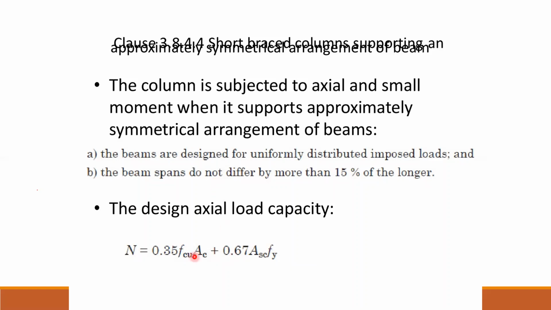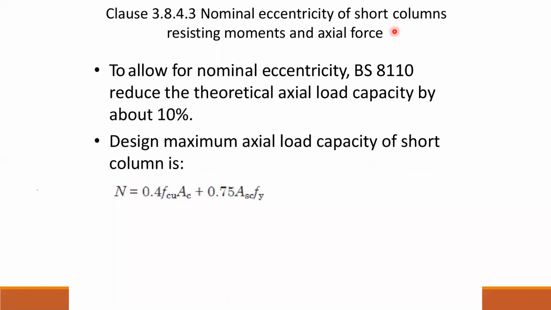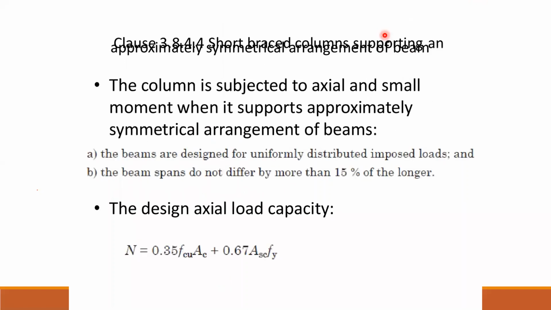The axial load carrying capacity is 0.35 and 0.67. So all these two are this equation, and these equations are basically for short columns, right?